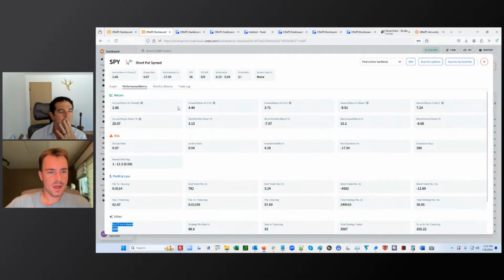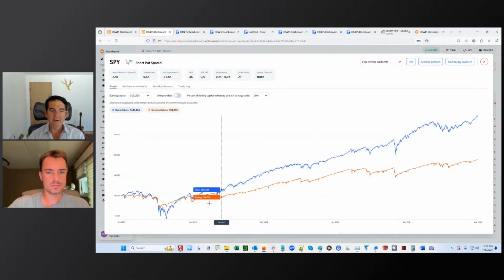Yeah, there's a lot of performance metrics here. We can look at the number of drawdown days. I think the short put has far fewer than the short put spread. That's on the right side in the risk category, 127 versus the spread has almost double that, 300. The drawdown is how long it takes for you to get back to your high water mark.